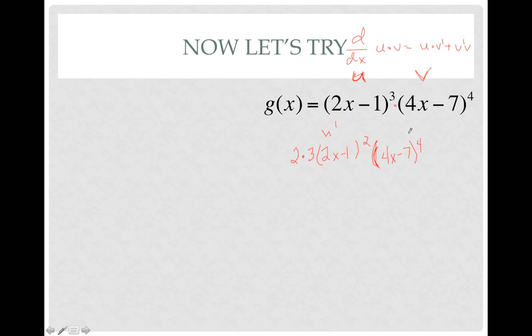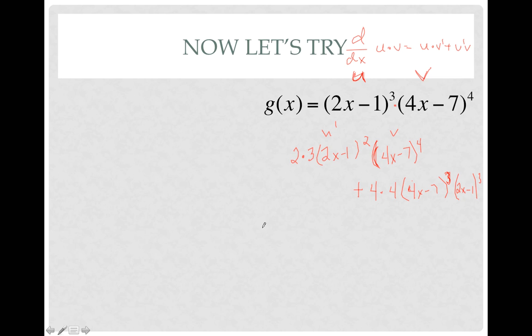And then I want to find v prime. V prime is the same kind of thing, so I need to do plus 4, the derivative of the inside, times the derivative of the outside, times the first function itself, which was 2x minus 1 to the third.